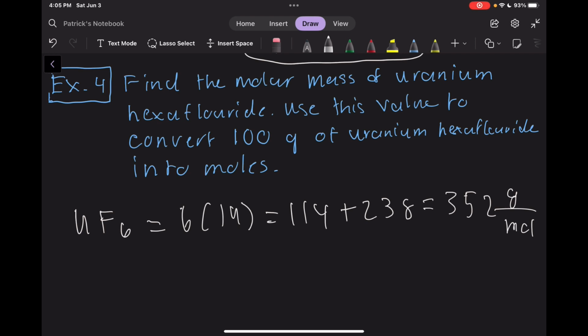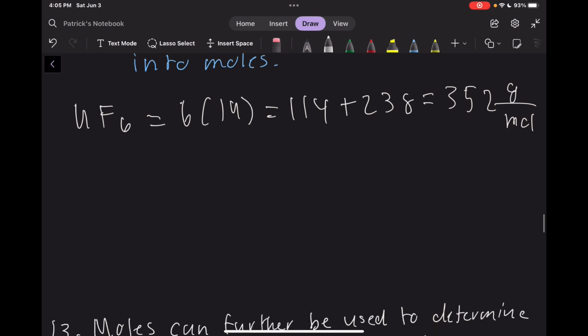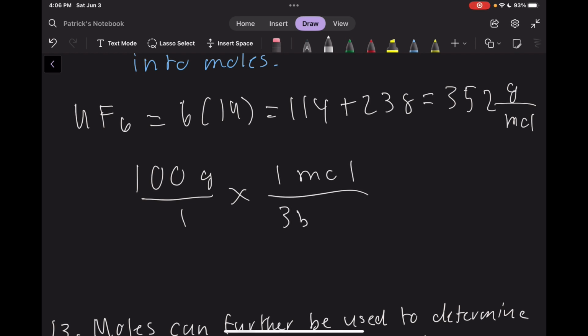This time, we're starting with a quantity in grams, so we need to divide 100 grams by 352. The answer is approximately 0.284 moles.